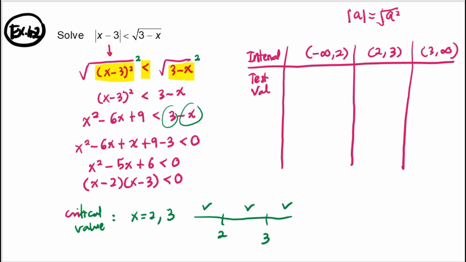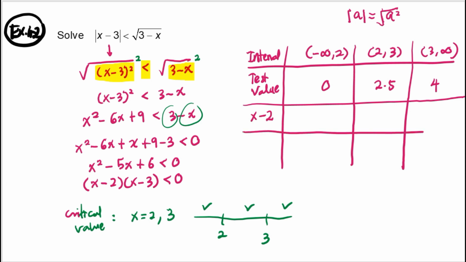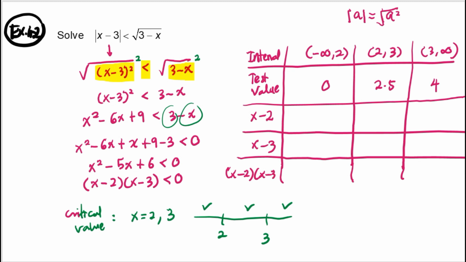Right, so we have to take a test value, any value that is in each interval. Suppose I choose 0, I choose 2.5, I choose 4. Now we put them in the factors x minus 2 and x minus 3, and we'll see the result.